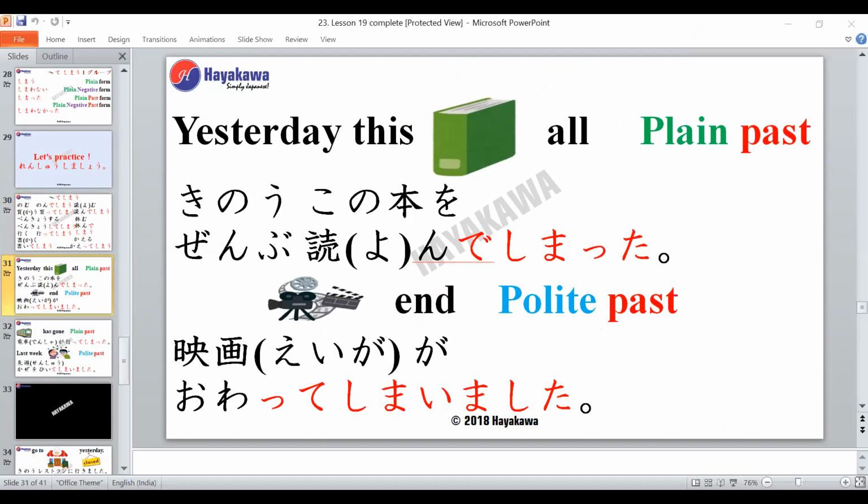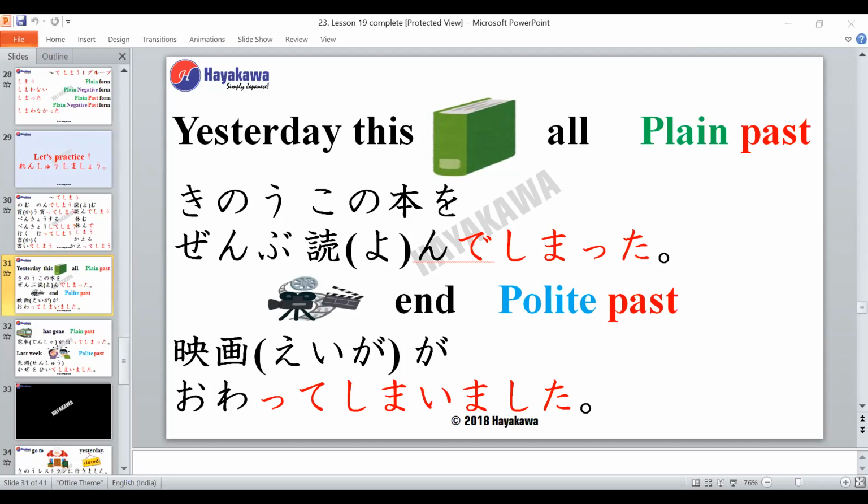So you want to say you finished reading this book wholly or entirely. So the word for wholly or entirely in Japanese is the word for fully. Anybody remembers? Zenbu, right? Very good, Siddharth-san. So anyone who would like to try making this sentence in Japanese?